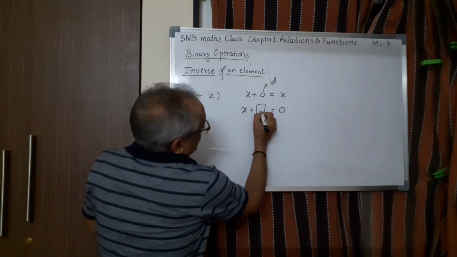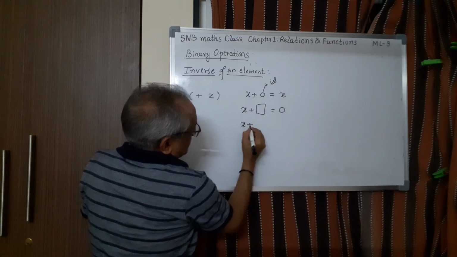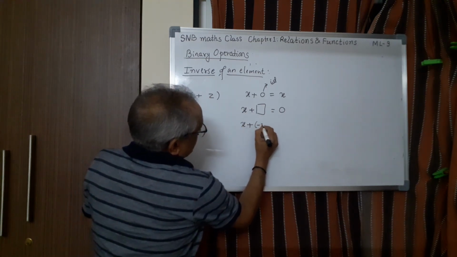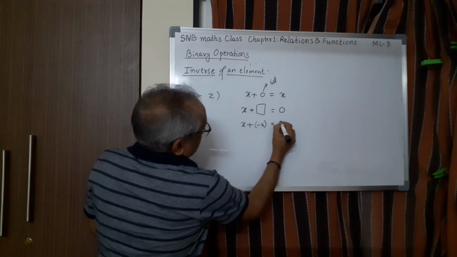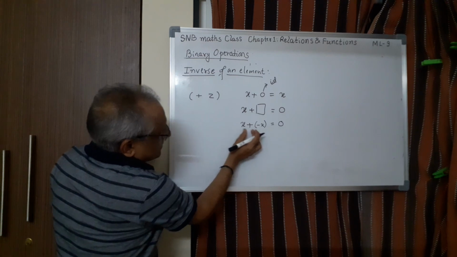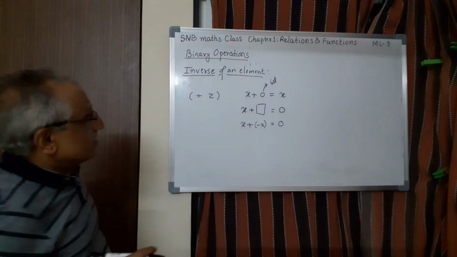Then this is called inverse. So here x plus, we know very well, for the integers, x plus minus x will be 0. So this minus x is called the inverse of x. This is the thing. Let me give one more example.